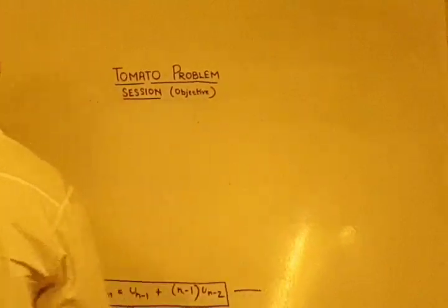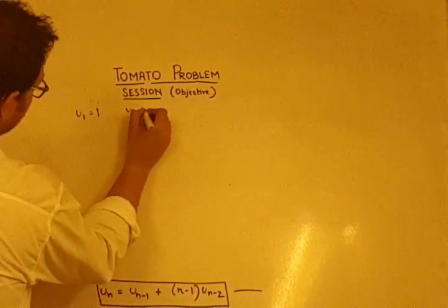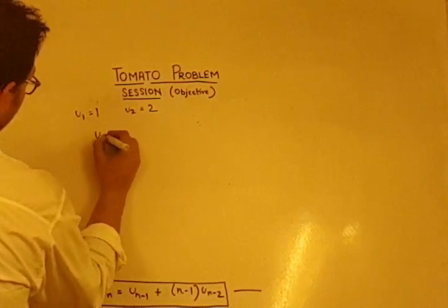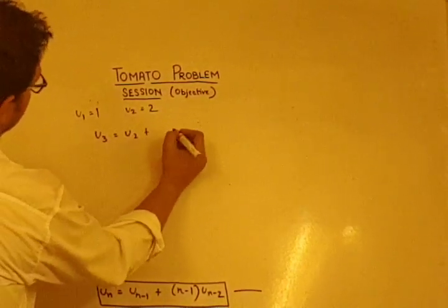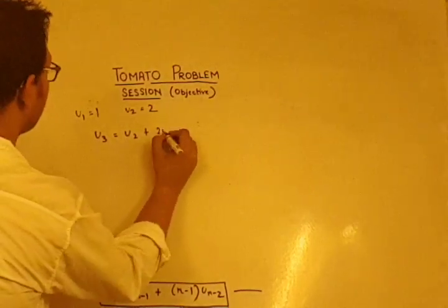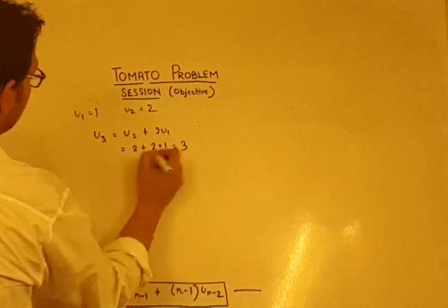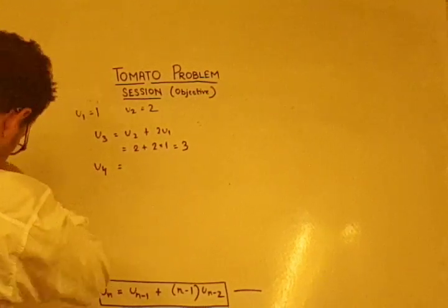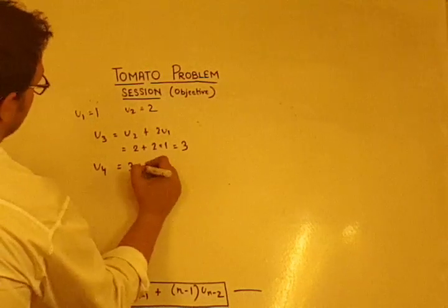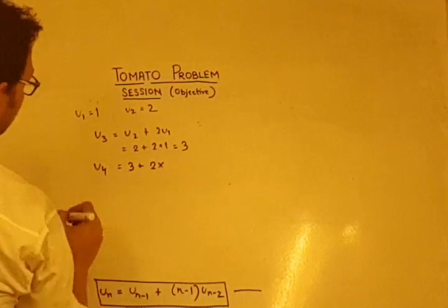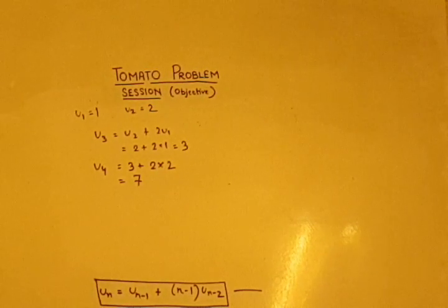So let me rub the upper part, and I have u1 equals 1, u2 equals 2, and therefore u3 equals u2 plus 2u1. So what does that become? 2 plus 2 into 1 is 3, and u4 is 3 plus 2 into u2, that is 2, so 4 plus 3 is 7.